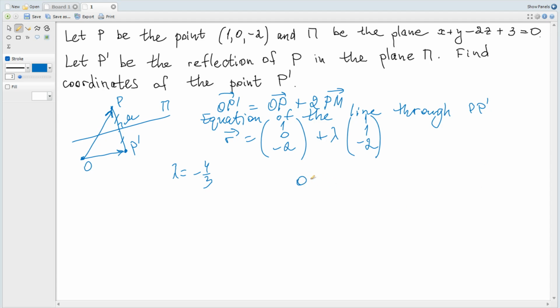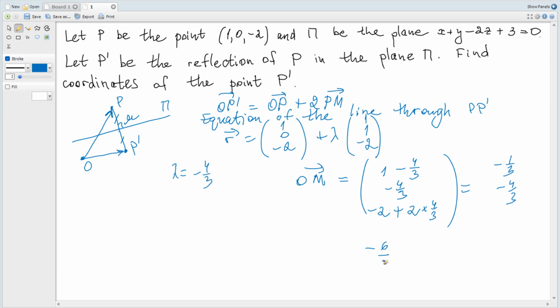So we get that the OM vector becomes 1 minus 4 over 3, 0 plus negative 4 over 3, and negative 2 plus 2 times 4 over 3, which is 3 over 3, so negative 1 over 3, negative 4 over 3, and it's negative 6 over 3 plus 8 over 3, it's 2 over 3.